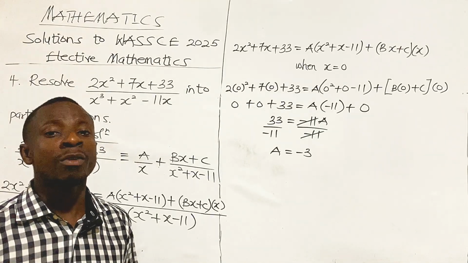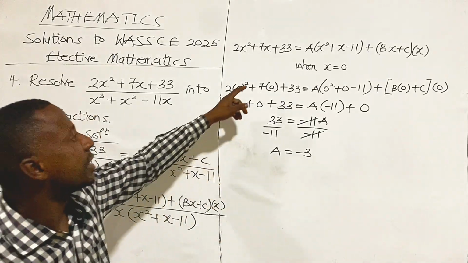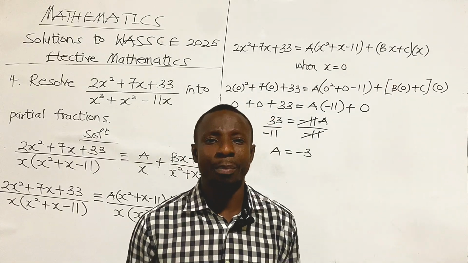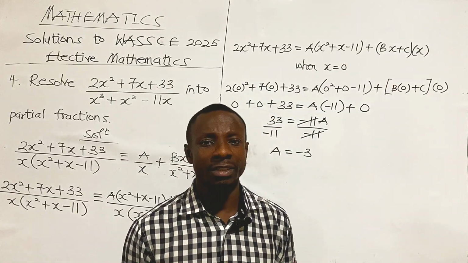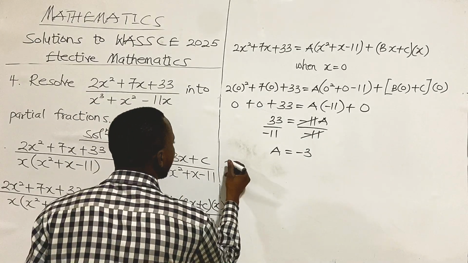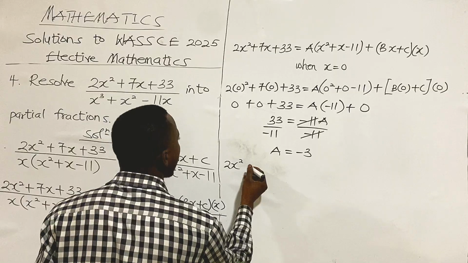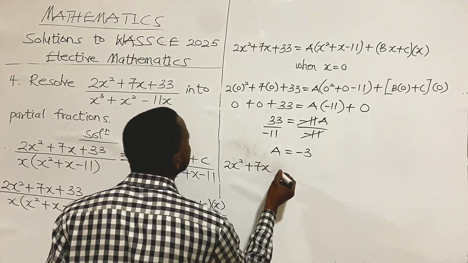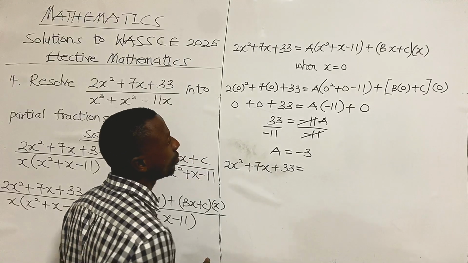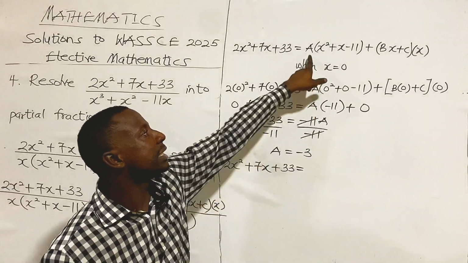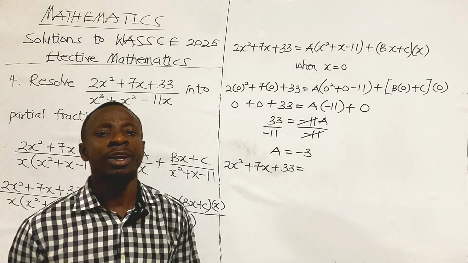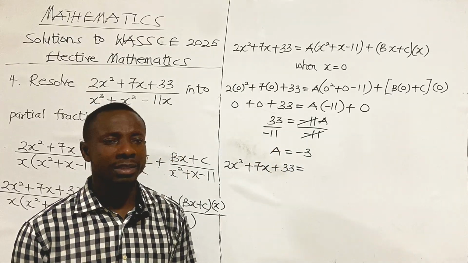Before we can get the value of b and c, we need to expand this so that we can compare the coefficients. So let's move on. So we have 2x squared plus 7x plus 33 is equal to, so I will take this a and use it to multiply everything we have from the bracket.